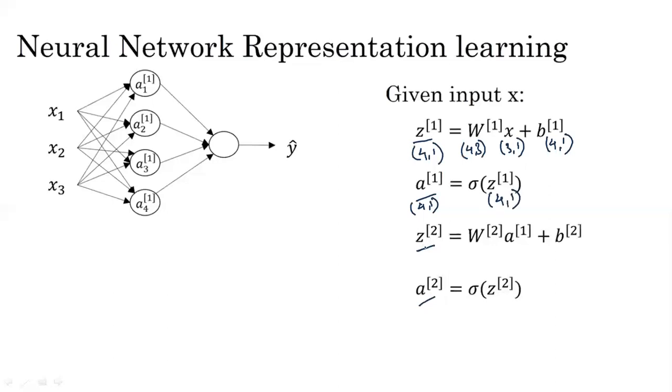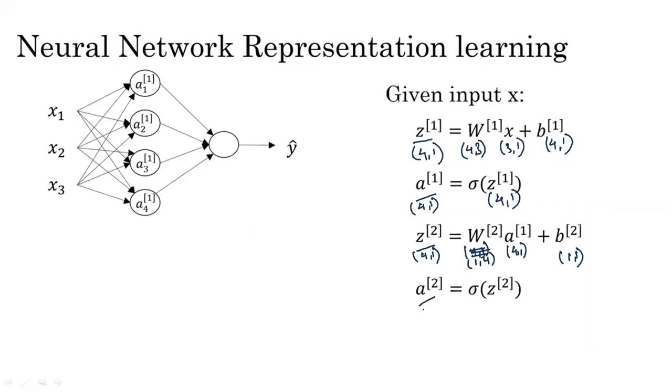Similarly, for the equations Z2 and A2, Z2 was 4 cross 1, W2 was 4 cross 3. Here A1 was 4 cross 1. Sorry, one thing I need to correct is that the dimension of W2 would be 1 cross 4, and B2 was 1 cross 1.